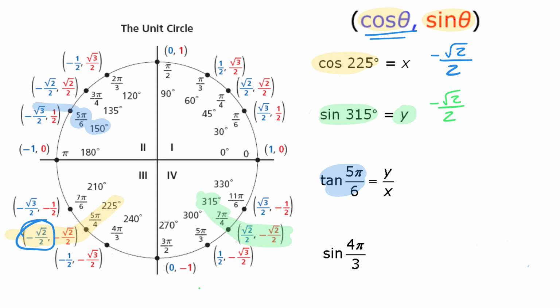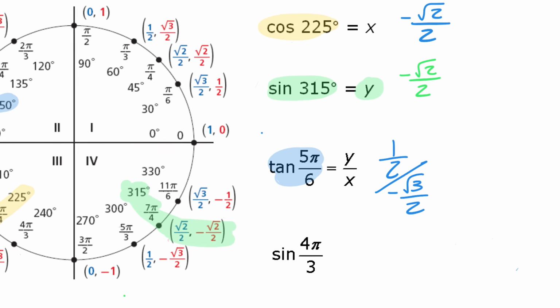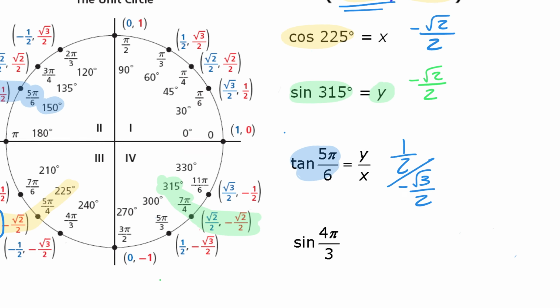It's 150 degrees, and this is our ordered pair. So the way we have to do this, if we don't have the unit circle marked for tan, is again going to take the y value, 1/2, divided by the x value, which is negative square root of 3 over 2.